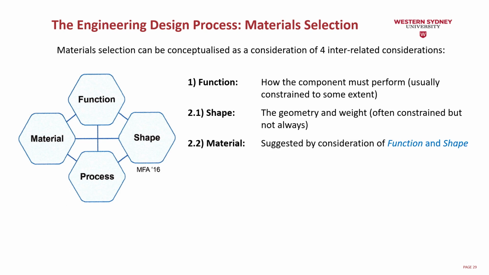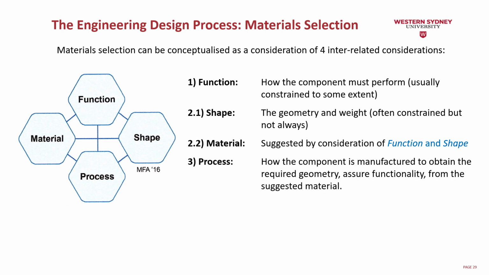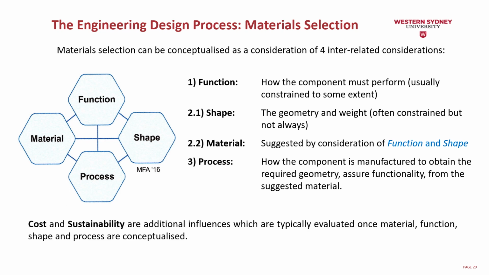The material suggested is a consideration of function and shape, and the process, on how the components are manufactured to obtain the required geometry, assures the functionality from a suggested material. The cost and sustainability are additional influences which are typically evaluated once the material, function, shape, and the process have been conceptualized.